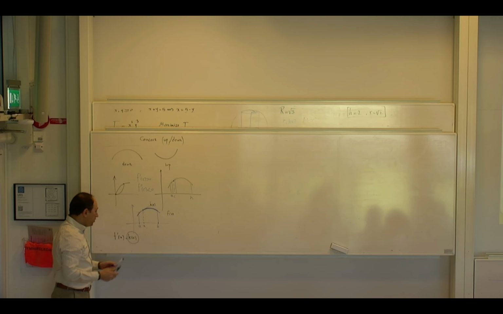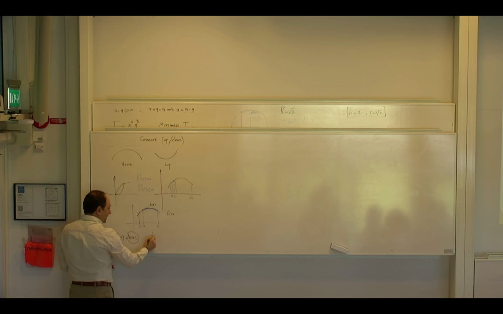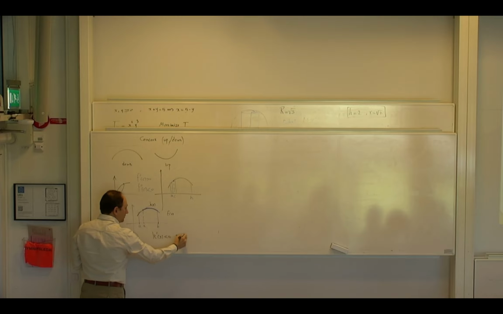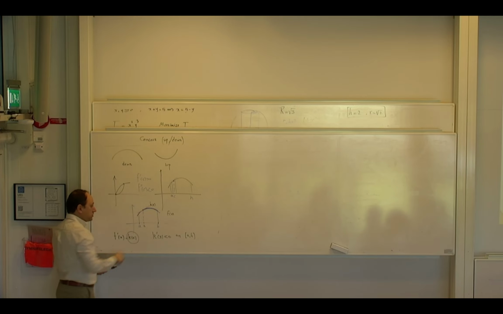But we know that if a function is decreasing, its first derivative is negative. So hopefully I could convince you that k prime of x is negative on this interval from A to B. Do you agree with this? If I start from here and go to the right, the slope of the concave down function always decreases.